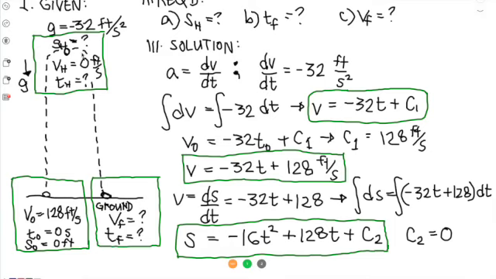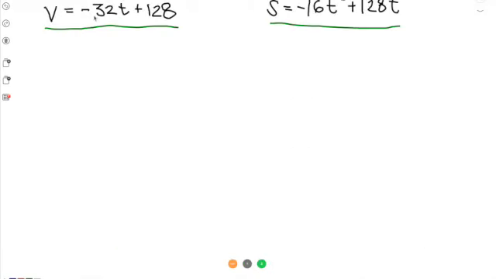We can only solve that by knowing the time at the highest point. So we can use this equation to solve for the time. How? We know that the velocity at the highest point would just be 0 feet per second.